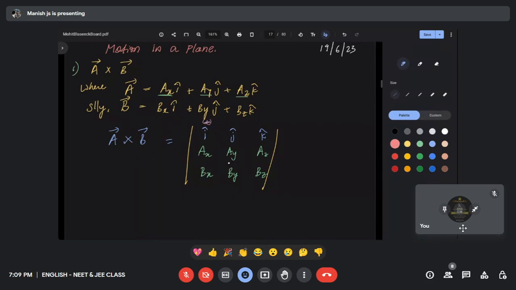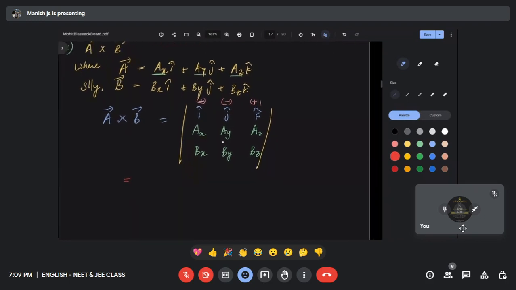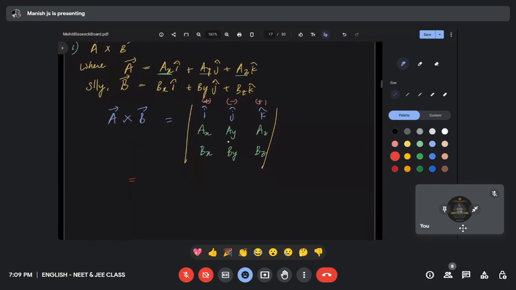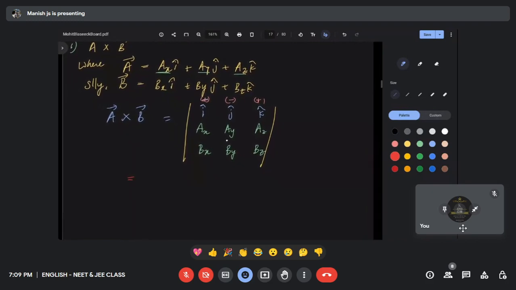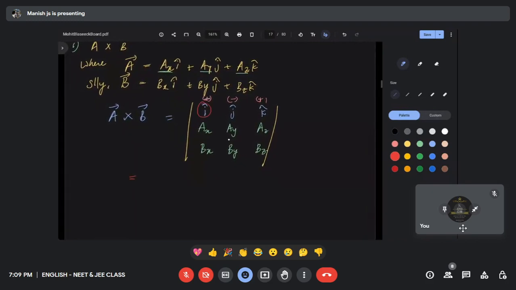So I would put alternating positive and negative signs: positive for I, negative for J, positive for K. So I'm expressing it. Now let's apply the determinant rule. When you apply the determinant rule, you are going to block the corresponding row and column pertaining to I. So the corresponding row and column of I needs to be blocked. So I'm going to do that.